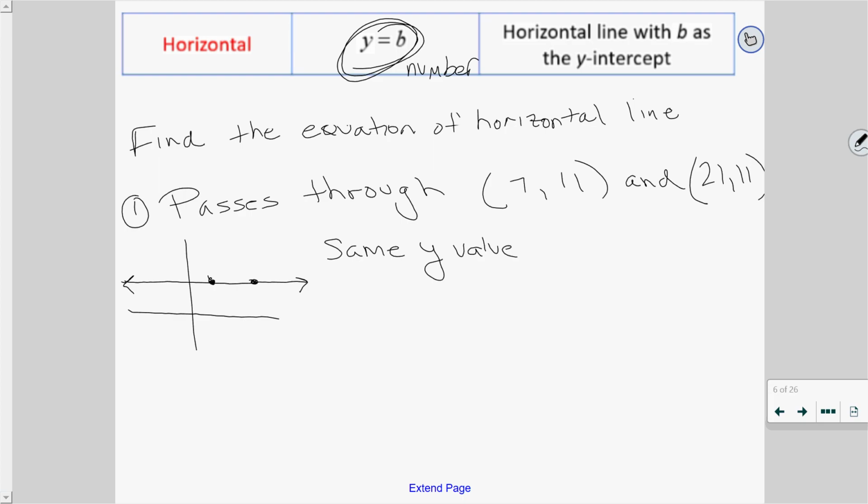This one's my X and this one's my Y. Are you okay with the Y? So it passes through the Y-axis. That is my Y-intercept. So there's no work whatsoever. The equation is Y equals whatever the Y is. Y equals 11. No work whatsoever.